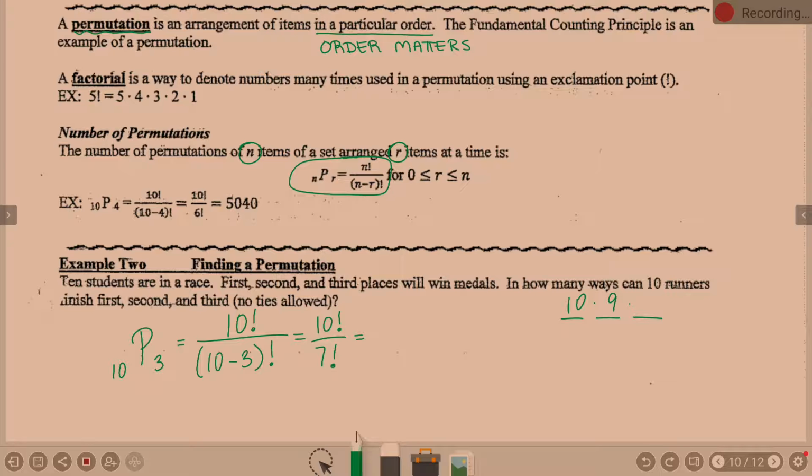How many options for the third spot? 8. Does it work out the same? And it does. Any way you go about this, you are getting that there are 720 options. Just 10 people in a race, but for those 10 people to finish first, second, and third. 720 options. Blows my mind to think that there's that many options, but.